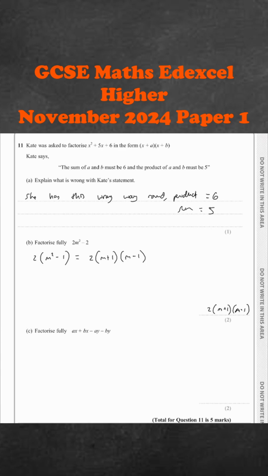And part C, factorise fully ax plus bx minus ay minus by. So if I split this into a's and b's, I can say this is ax minus ay plus bx minus by, or a lots of x minus y plus b lots of x minus y, which is just rewritten as a plus b lots of x minus y.